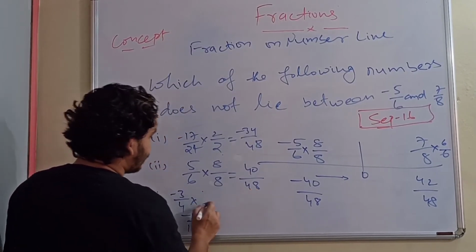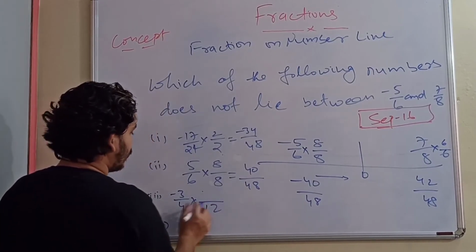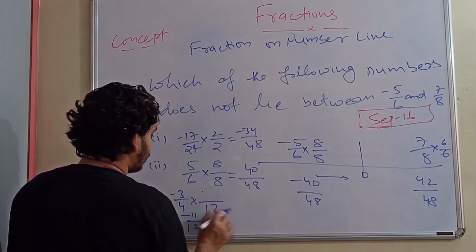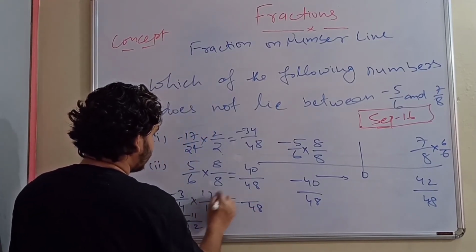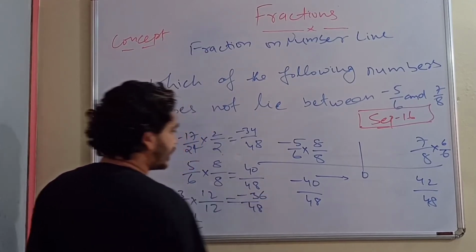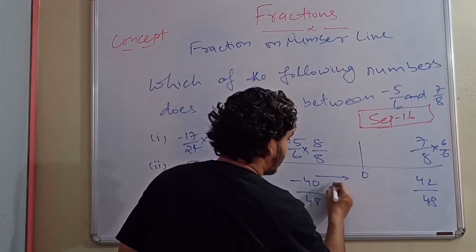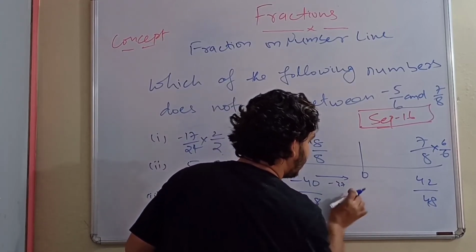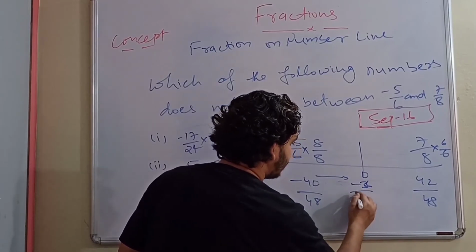To make it 48, what you need to multiply is nothing but 12. So 4 into 12 is 48, and then into 12 is nothing but minus 36. So if we simply see minus 36, again this number will be minus 37, somewhere lying between. It will be going on decreasing. So minus 36 will be somewhere here only.